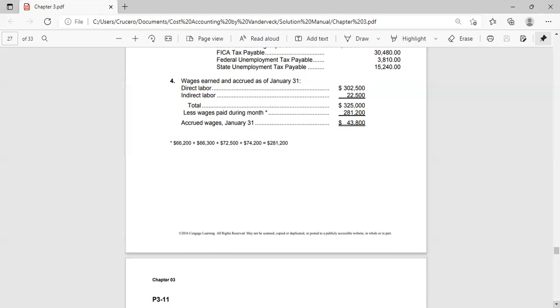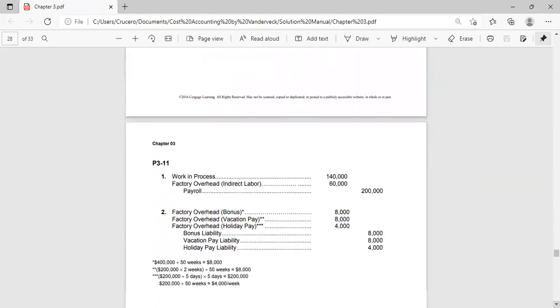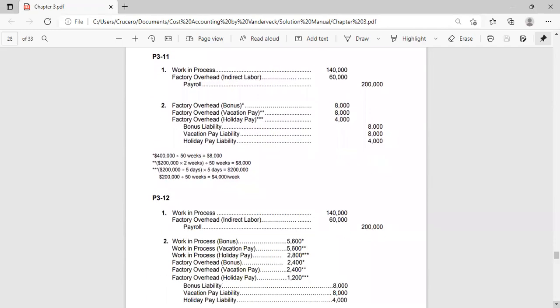Prepare the journal entry to distribute the weekly payroll. So in problem 3-11, we debit work in process, debit factory overhead for indirect labor, and credit payroll for the total factory payroll of 200,000.